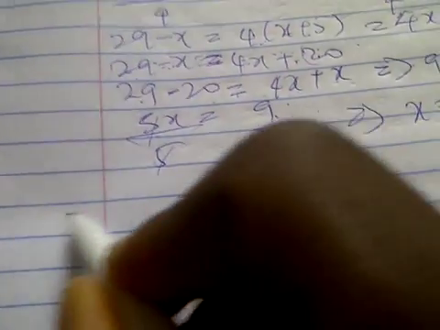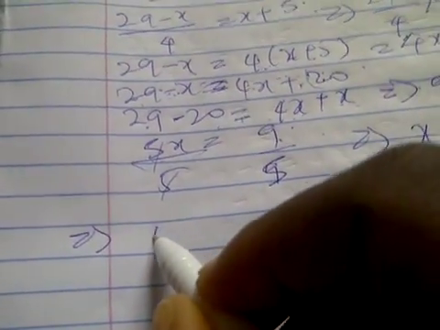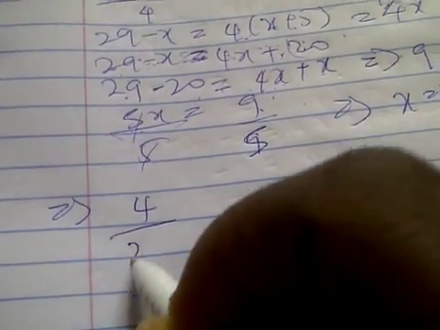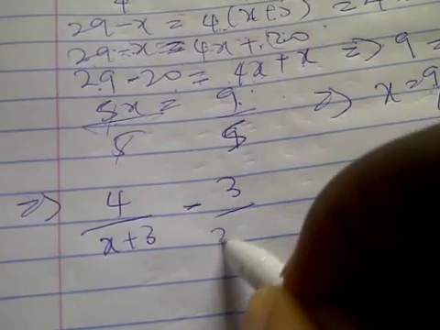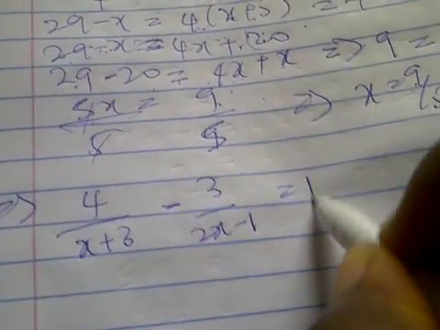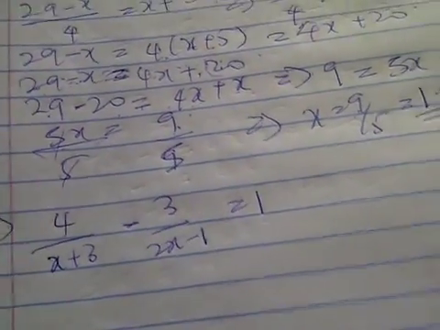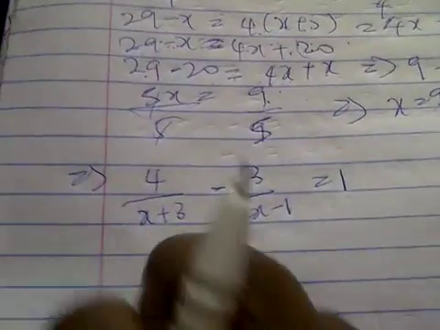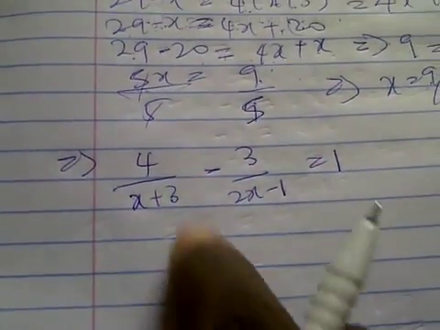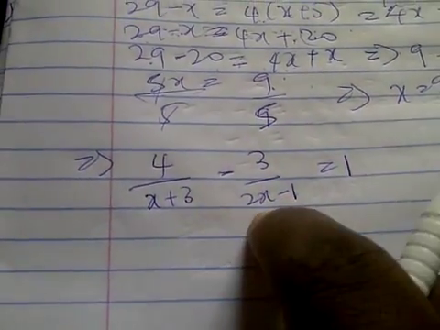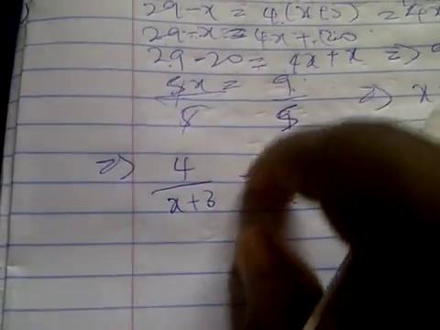For example, for the second question, we're given 4 over (x plus 3) minus 3 over (2x minus 1) equals 1. Now, for us to be able to clear the fraction, we have to make it a single fraction first of all. After making a single fraction, we will now clear the fraction.